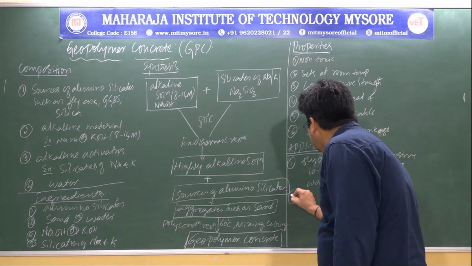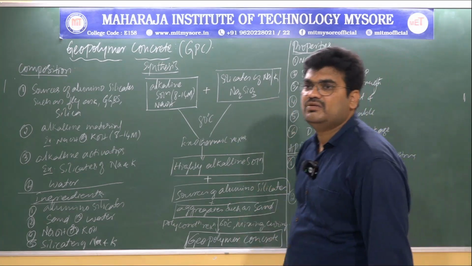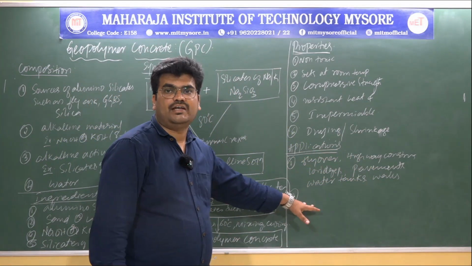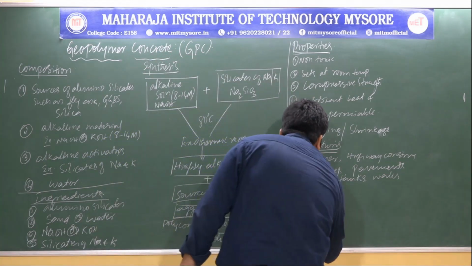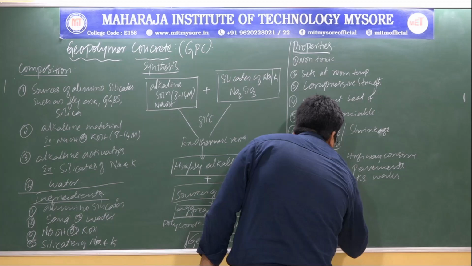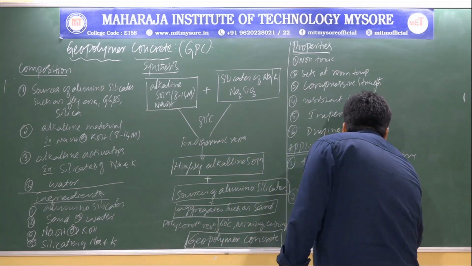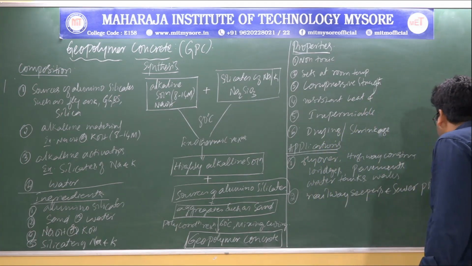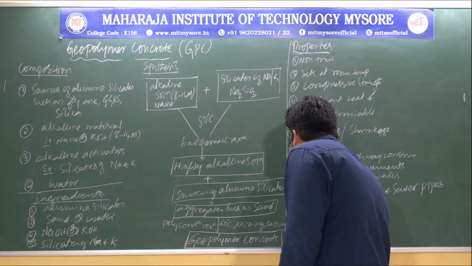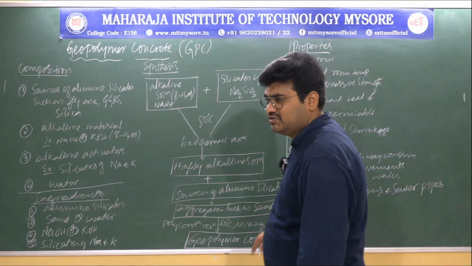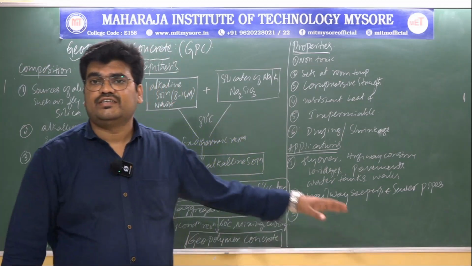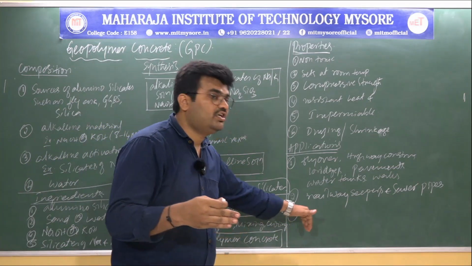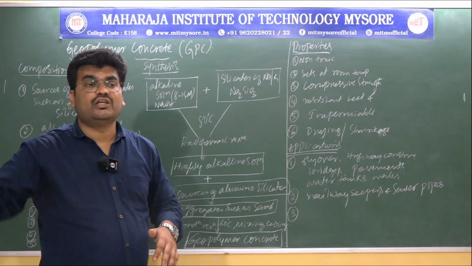Coming to the second application of geopolymer concrete, it is mainly used in the manufacture of railway sleepers and sewer pipes. The next very important application is, as it is a structural material, it can be used in making column beams, or in tunnel construction.